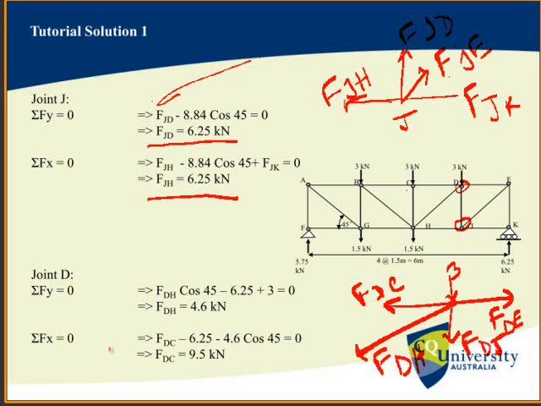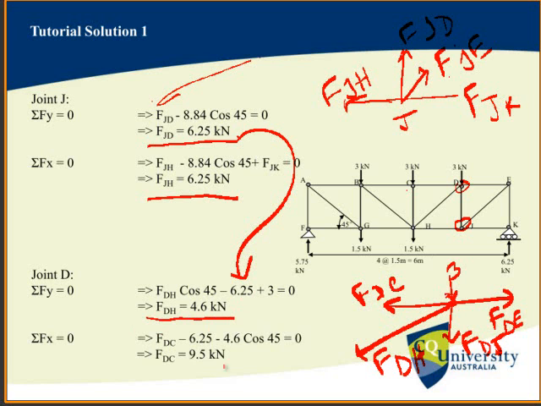Okay. If we apply the equilibrium equation to vertical forces, we have to consider only 3 kilonewton, FDJ and FDH. We know the value of FDJ already from this equation. We will calculate FDH. First we consider the vertical component of FDH cos 45, FDJ plus 3 kilonewton, which is directly applied. After that we got the result FDH equal to 4.6 kilonewton.